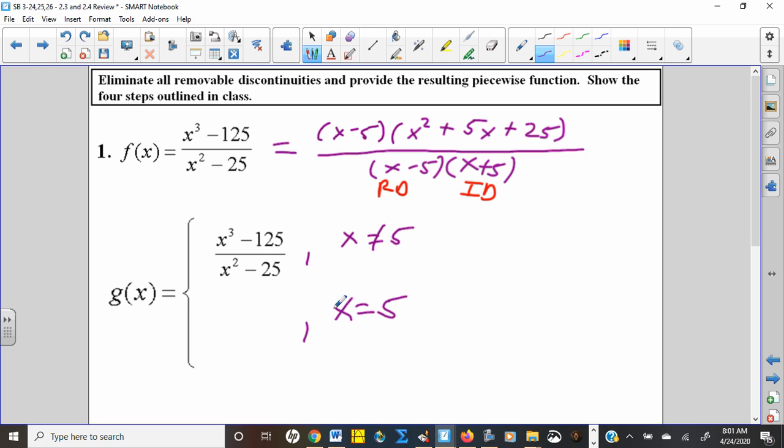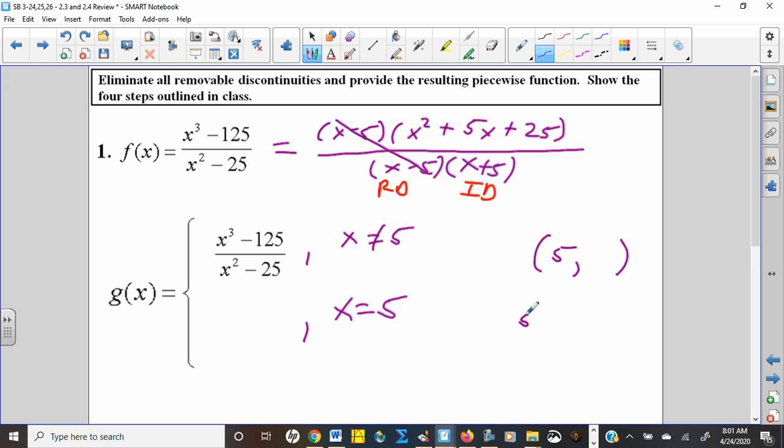Well, we need to find the height of that hole, and that's going to plug the function and fix that removable discontinuity. How did we find the y value of holes earlier in the semester? Well, when we did rational functions, we knew that holes existed at points, and by factoring, we found the x value. What we had to do is go to the reduced equation to find the y value.